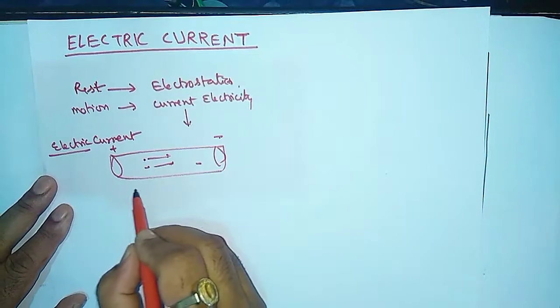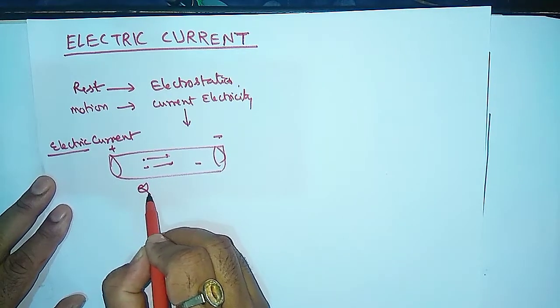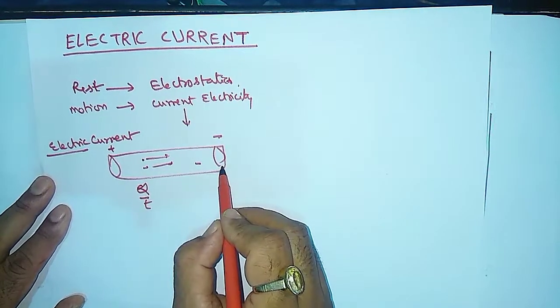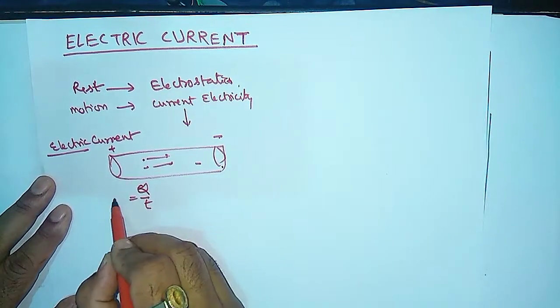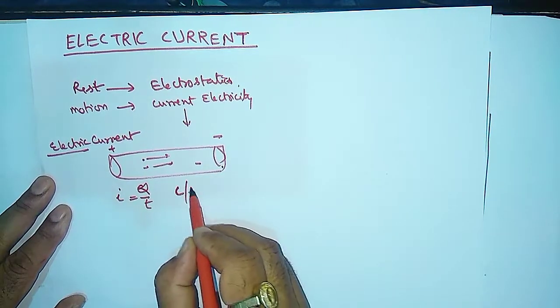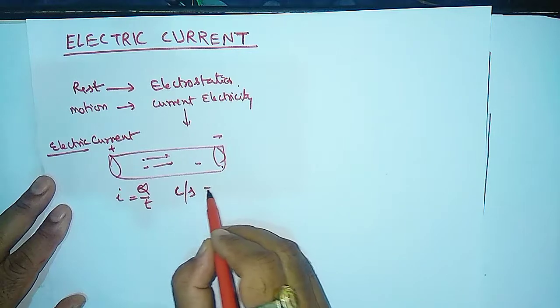So the total amount of charge flowing per second in a conductor is termed the electric current, and its unit is coulomb per second, which is also known as the ampere.